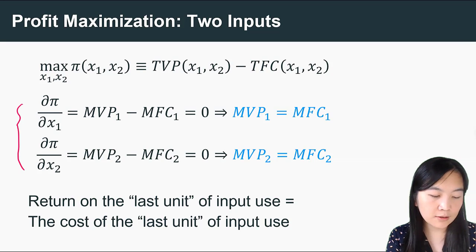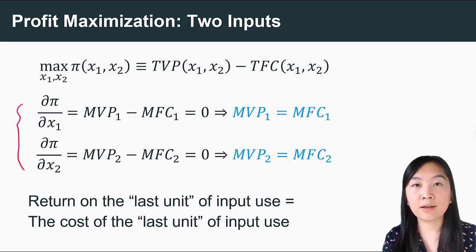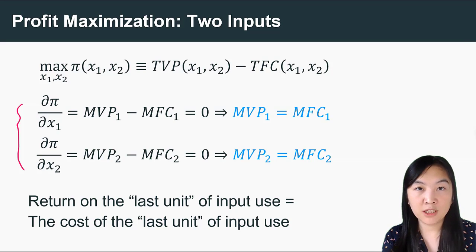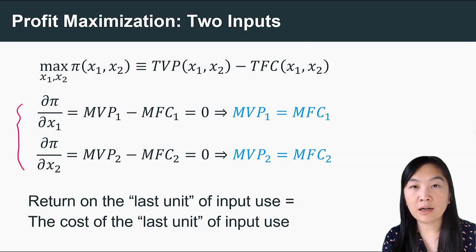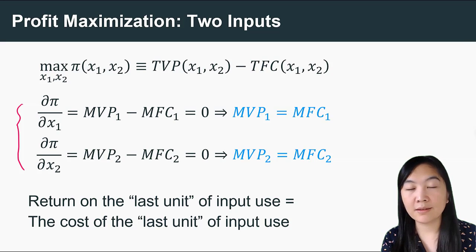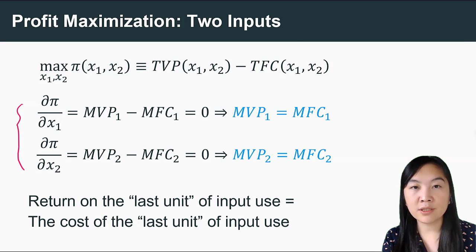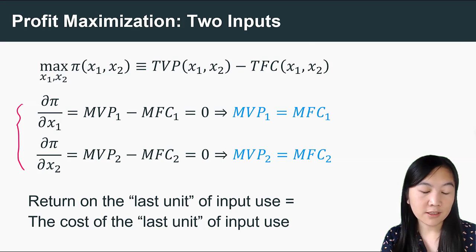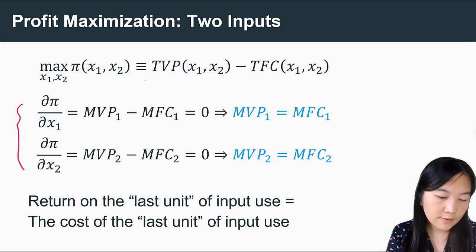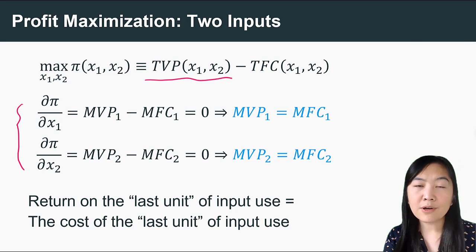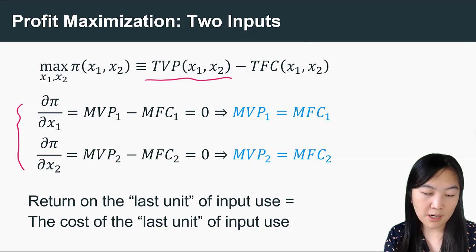So let me first explain when you have very general TVP and TFC, so we are not assuming perfect competition, what the optimality condition is. And in the next slide, I'm going to show you what the optimality condition changes to when we have the perfect competition assumption. So here, first, your profit is equal to TVP minus TFC.